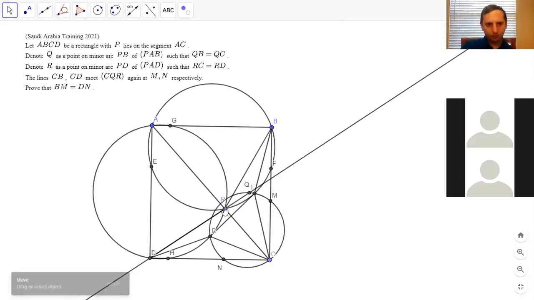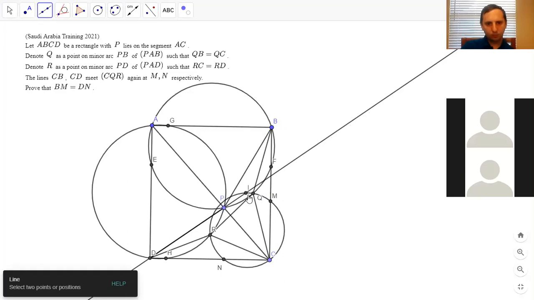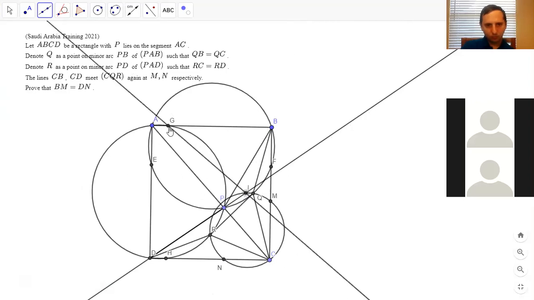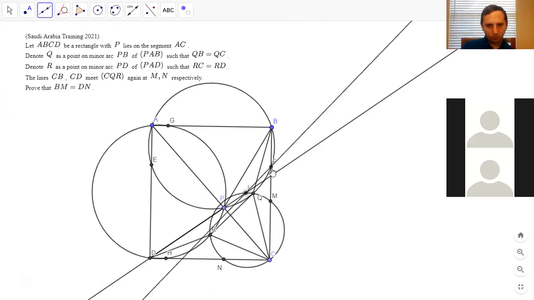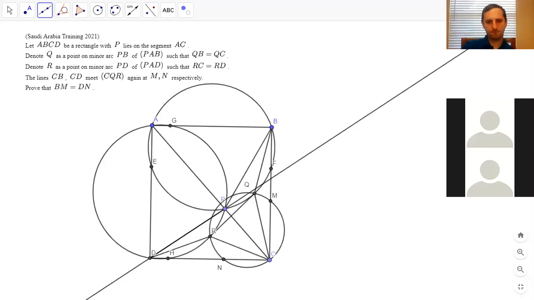Let's see. That is tricky. If we don't use power of a point, is there another way to calculate DN and DM?